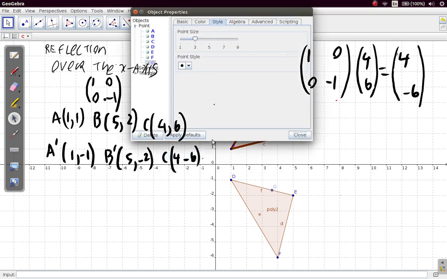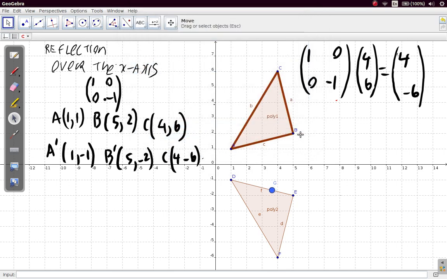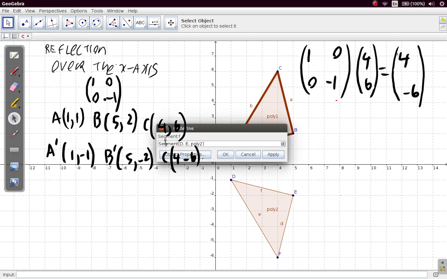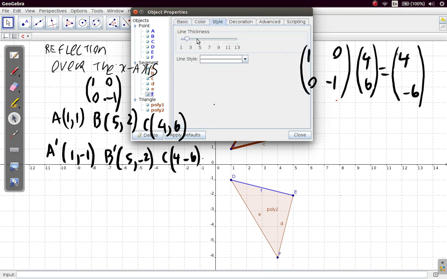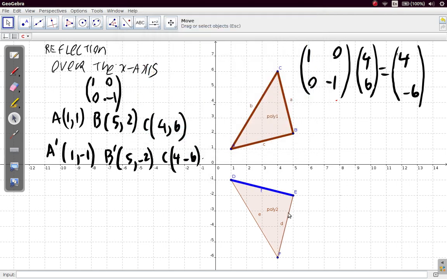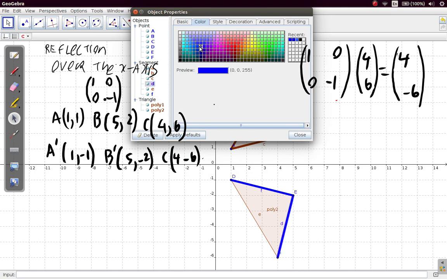Let us make some adjustments to the size of the sides, and let's make the sides a bluish color. Select the triangle and make our adjustments. Make it blue and thick. Good. Our new triangle, thick and blue.